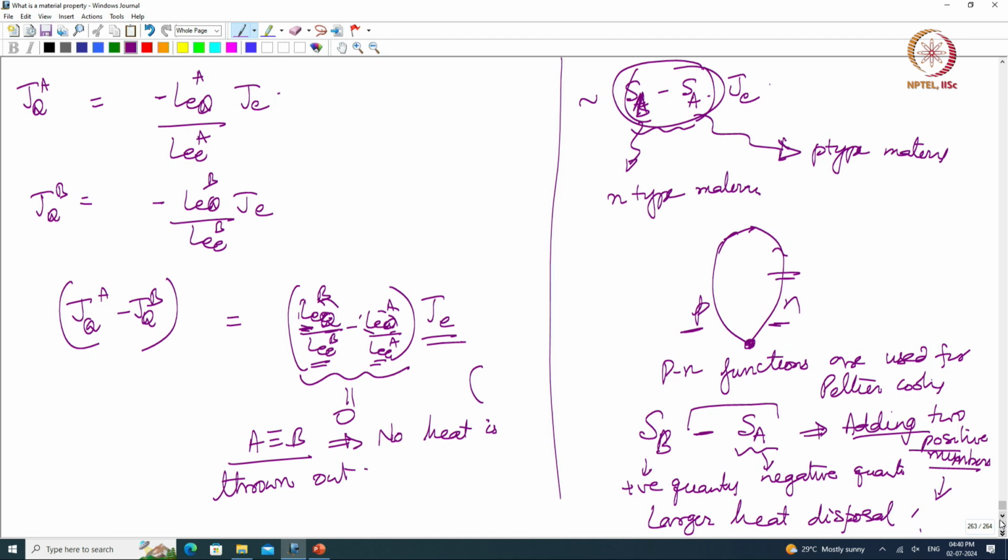If the heat that I throw out is negative, that means I am actually putting heat into the material, right. So, I can either heat or cool. I need to just select my p-n junction in such a way that I either remove the heat, I do the refrigeration, or I put in heat where I do the heating, right. So, it depends on what I want to do. Okay. So, I can have Peltier heaters and I can also have Peltier coolers.